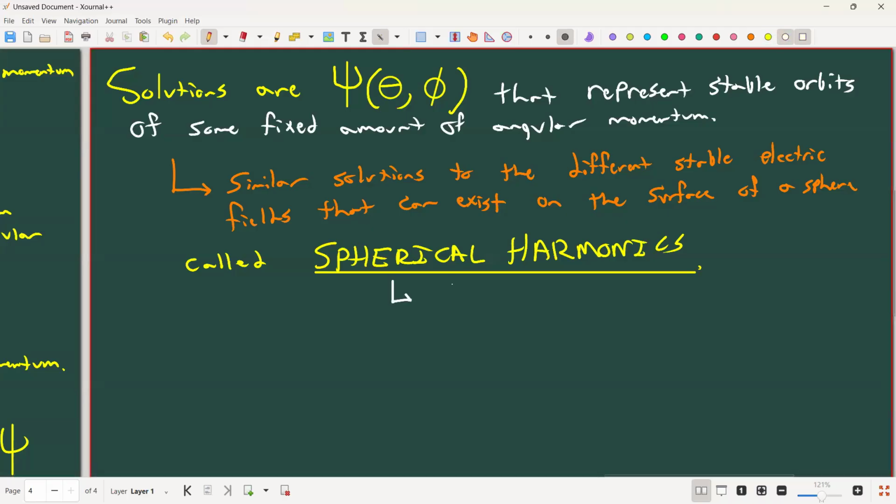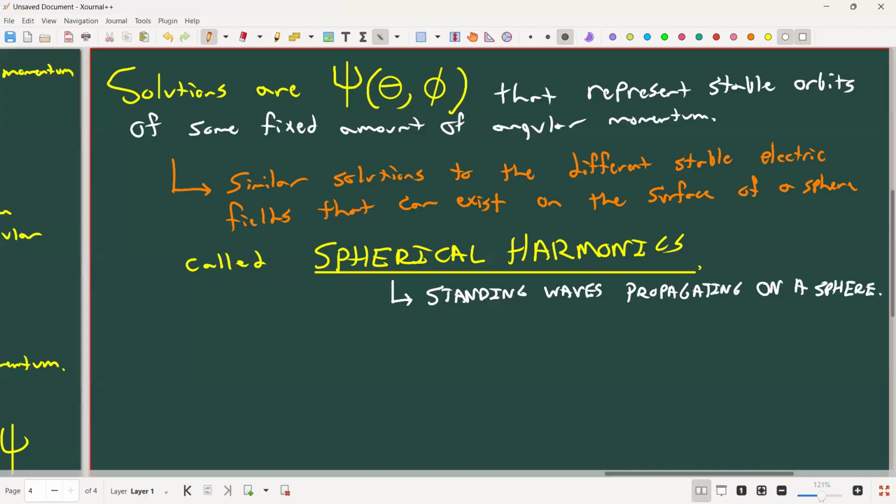We can also say these are standing waves propagating on a sphere. Very, very similar to a harmonic oscillator.